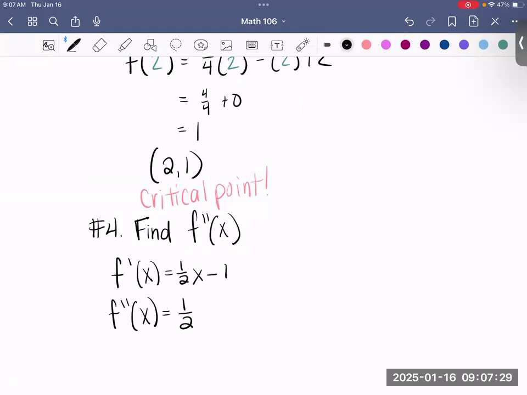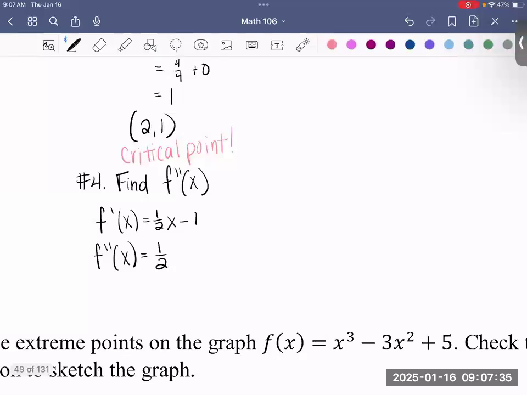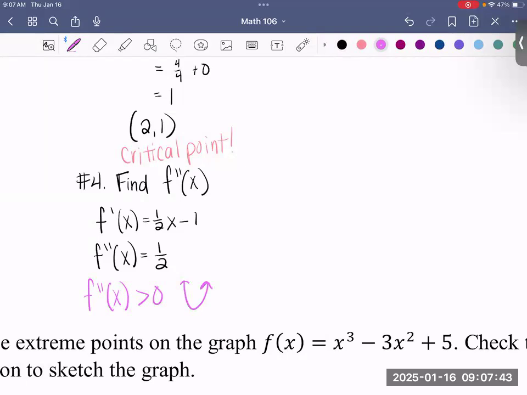Now it happens to just be 1/2 for all of it, which isn't an issue because knowing your second derivative, if your second derivative is positive, we said we are concave up. It just happens to be that we're concave up over the whole duration of your function.